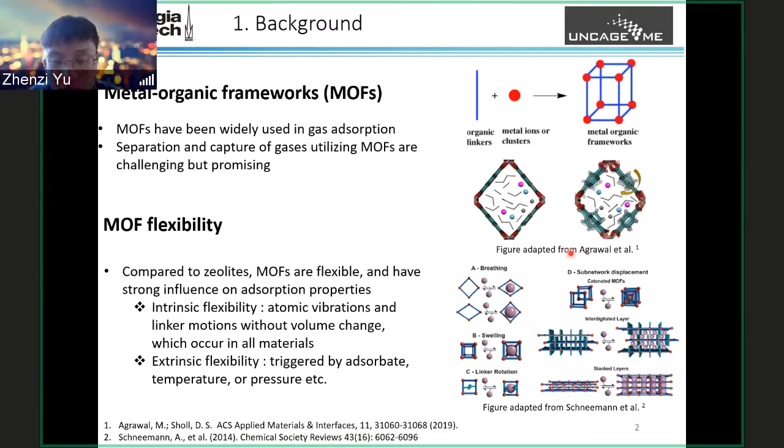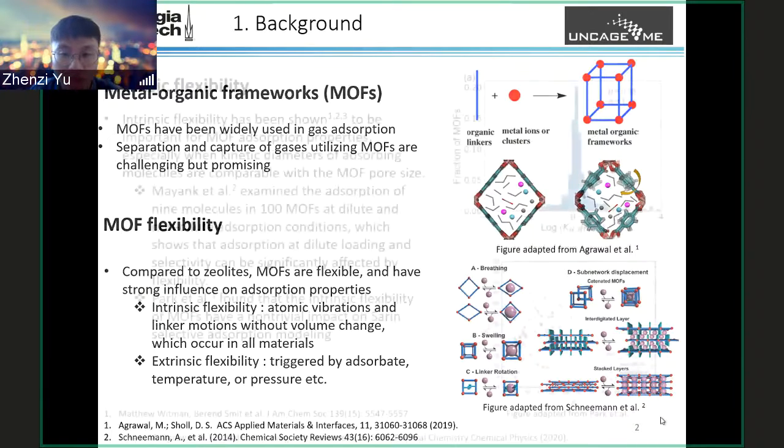Another type is extrinsic flexibility, which is triggered by adsorbate, temperature or pressure, etc. The figure on the bottom is an illustration of the extrinsic flexibility triggered by adsorbate. Some well-known MOF properties, such as breathing and swelling, are of that kind.